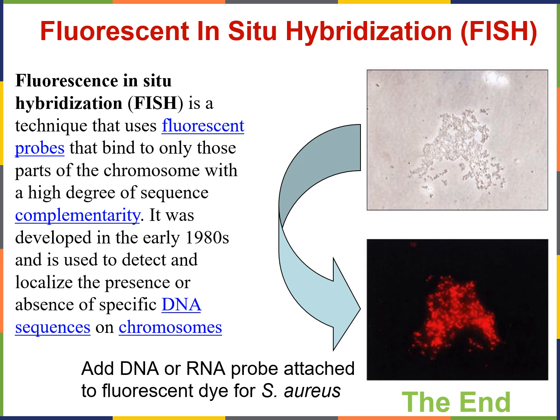All right, so FISH combines fluorescence and it combines probes. A lot of times the fluorescence molecule can be red, it can be yellow, it can be green, it can be purple, it can be any color you want it to be. And you attach it to a probe.